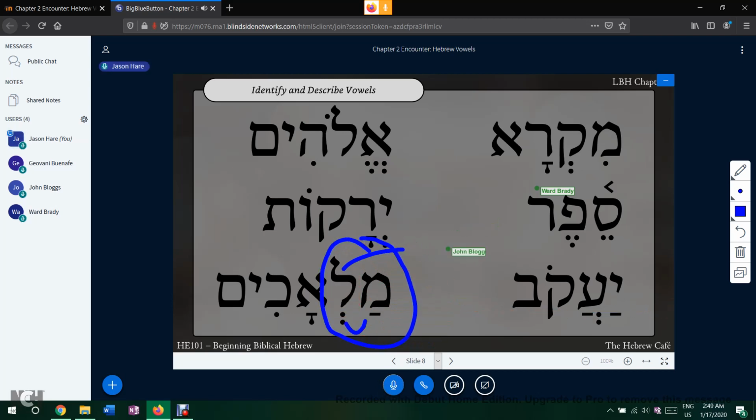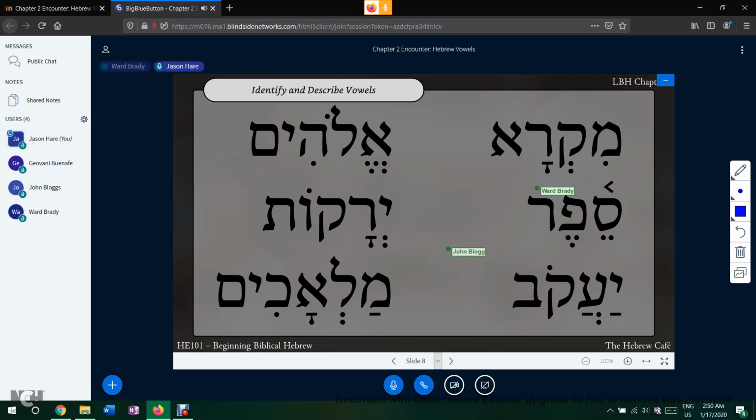So this is mal. Okay, whoever wants to start the next one, let's go to Ward, and we'll go through the letters here. So mem, lamed, aleph, kaf, yod, and mem, and then patach, shva, kametz, and this is chirik, right?